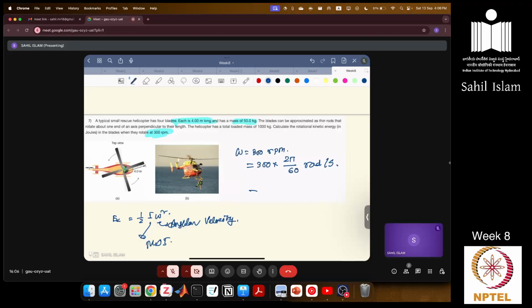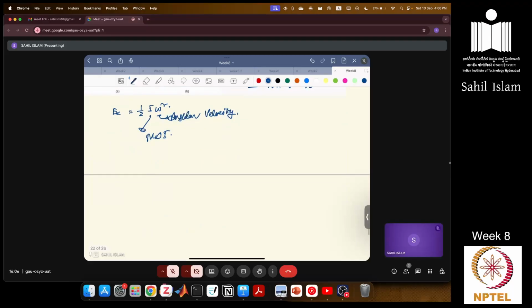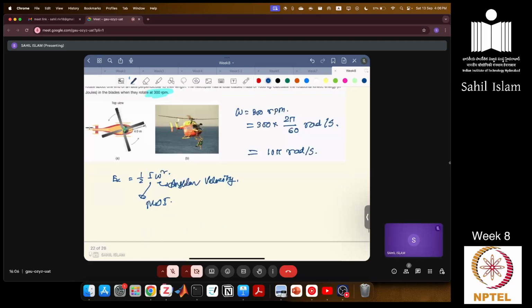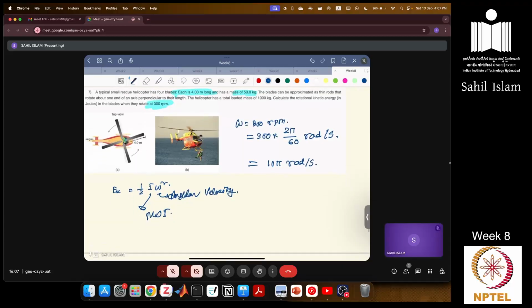So that will be 10 pi rad per second. Now, the moment of inertia of a single blade along this rotation is 1/3 m l square.